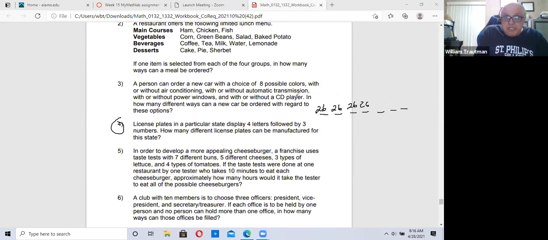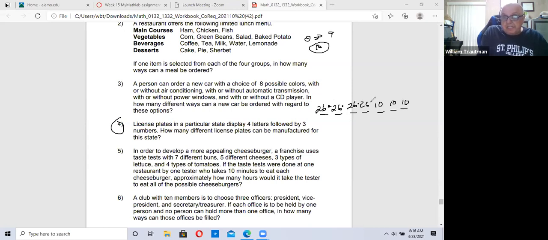Now, the last 3 have to be numbers. And 3 numbers, single-digit numbers are 0 through 9, which means there are 10 numbers. So I have 10 choices to put in this spot, 10 choices to put in this spot, and 10 choices to put in this spot.